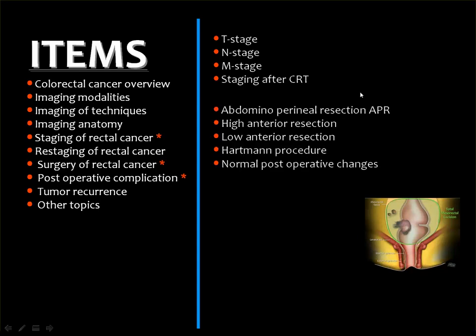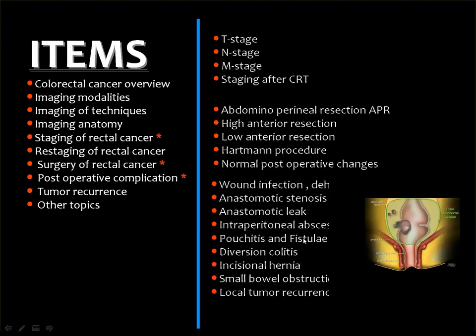Then these are the surgical procedures: the abdominal perineal resection, which is an old procedure, now replaced by the anterior resection, either high or low. I will mention the indications. Then the Hartmann procedure. Then we'll show the normal post-operative changes.